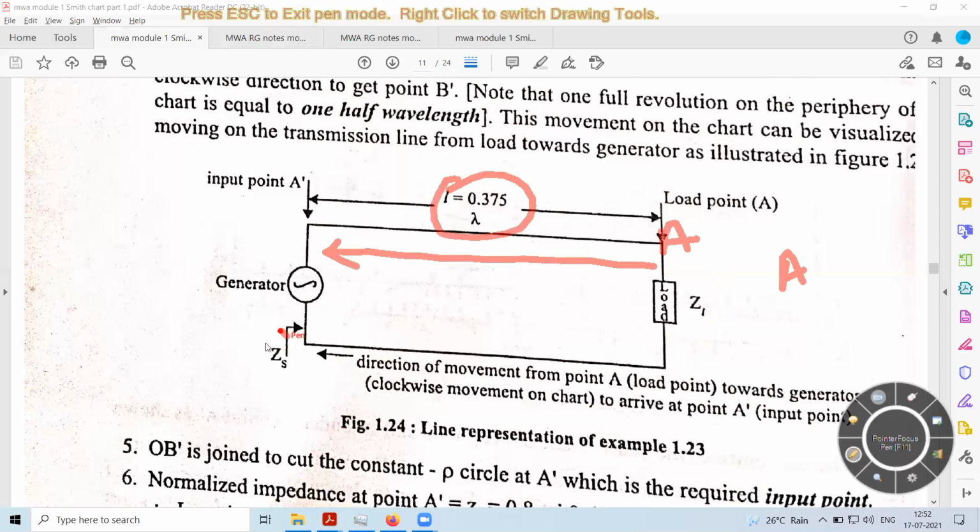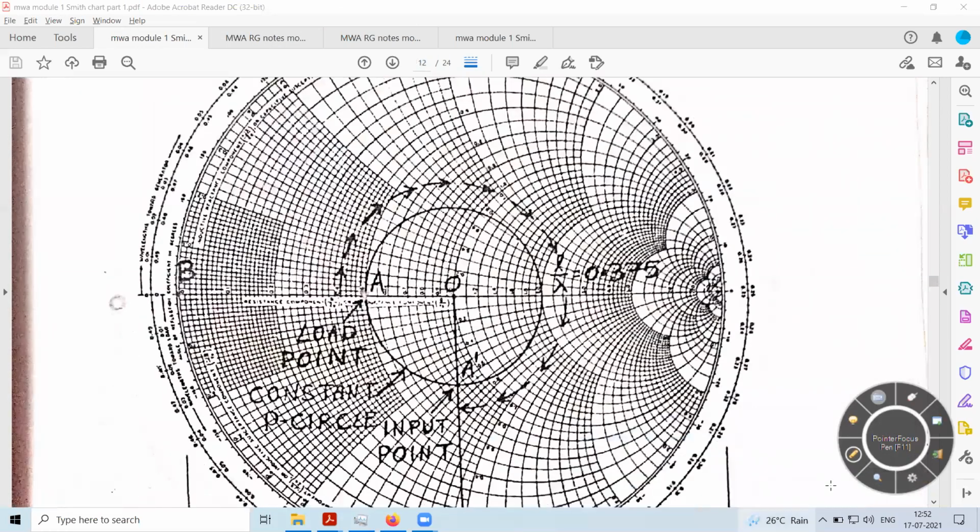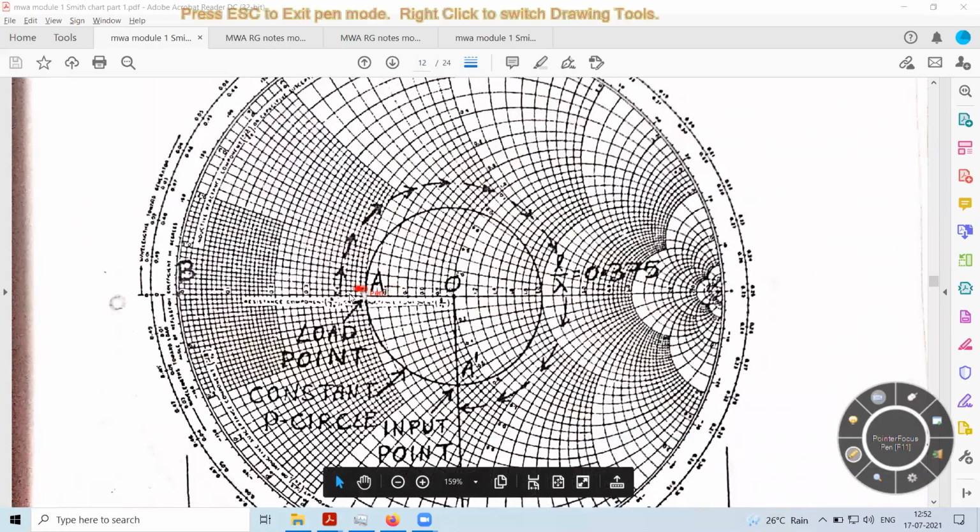At that point, I will find the input impedance. So this is what I have to do now. We obtained the load point, and from the load point I have to traverse a distance towards the generator.